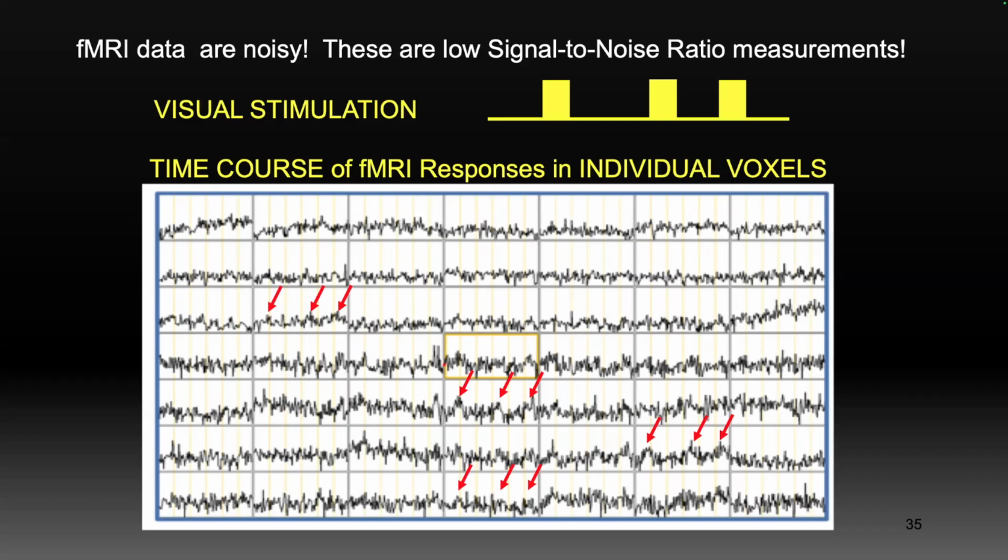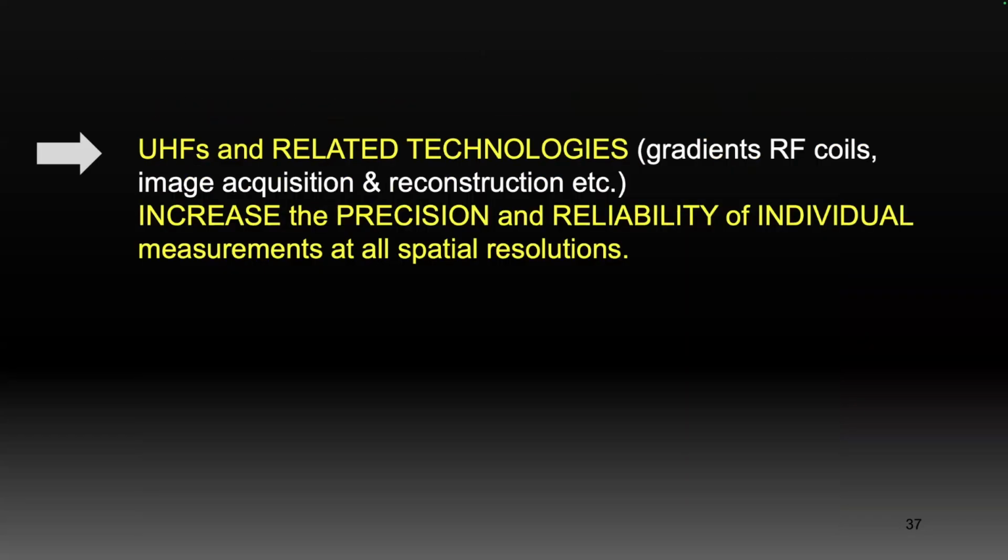And that's what we have been doing in pushing high fields and also pushing image reconstruction. So ultra high fields and related technologies, and these include gradients, RF coils, image acquisition and reconstruction, they increase the precision and reliability of individual measurements at all spatial resolutions. So it's not just about columns at all resolutions.